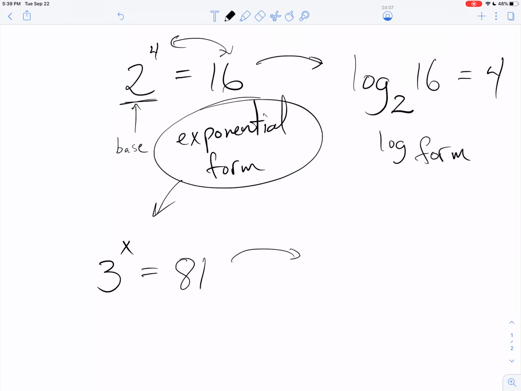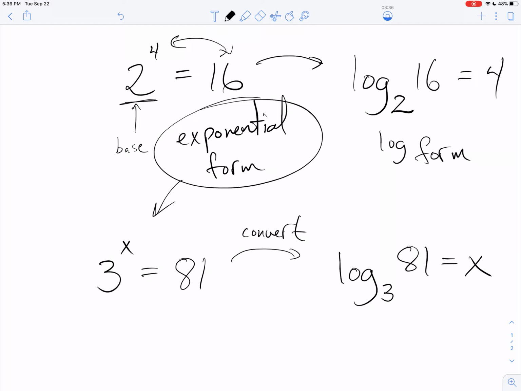Could you convert this into a logarithmic statement? And just remember, when it's exponential form, there is no log. When it's log form, there is a log, and it's got to have a base. So the base would be 3. And if I wanted to convert this, it would say log base 3 of 81 equals something.